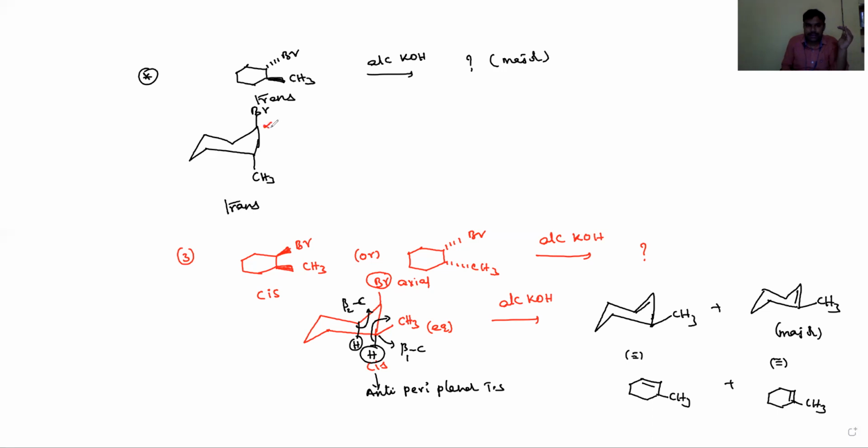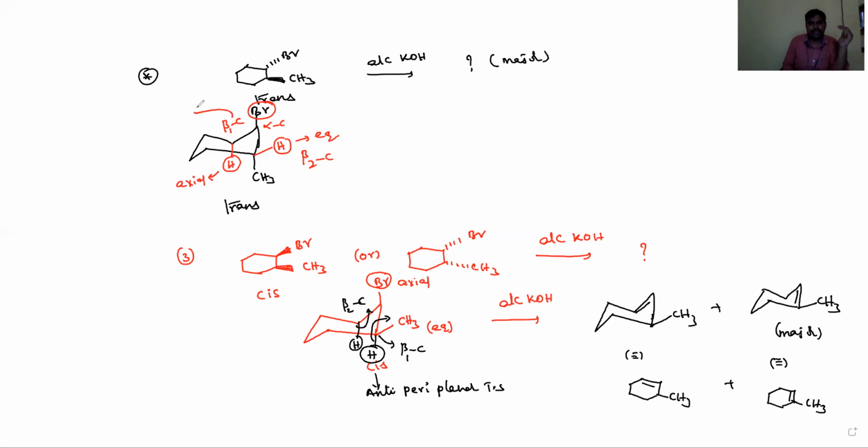This is the alpha carbon, and the adjacent carbon has a beta hydrogen, beta 1 carbon, and this one is equatorial. This is one more, beta 2 carbon, but it is equatorial and this one is axial.